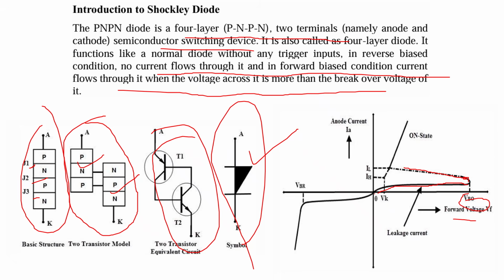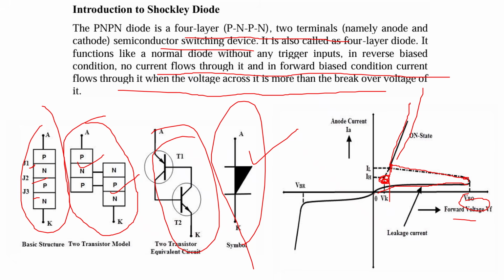And further, at this level, this is called the latching current. So at this level, if you are increasing the voltage toward VBO, then ultimately it will turn on. After turn on, the amount of current will be very high. The minimum current required to keep your device turned on is called the holding current.